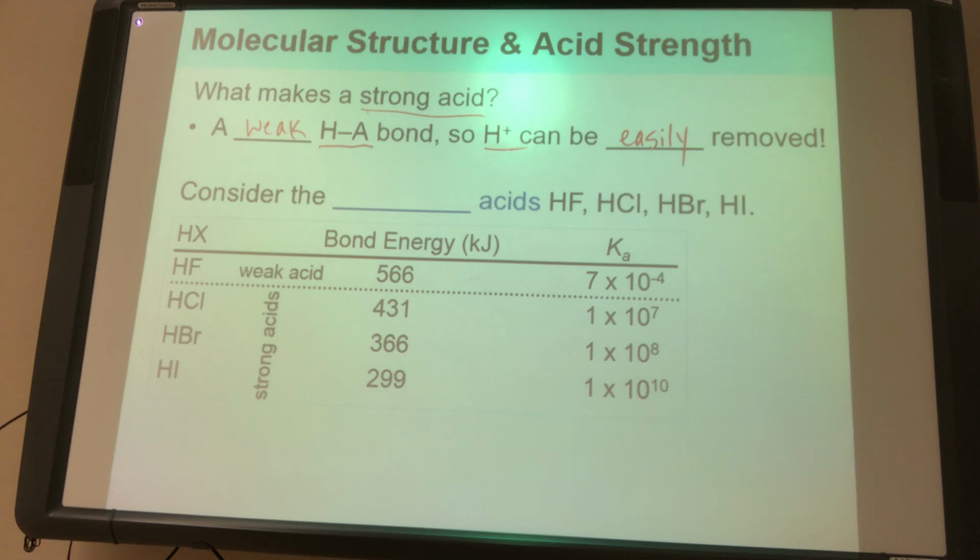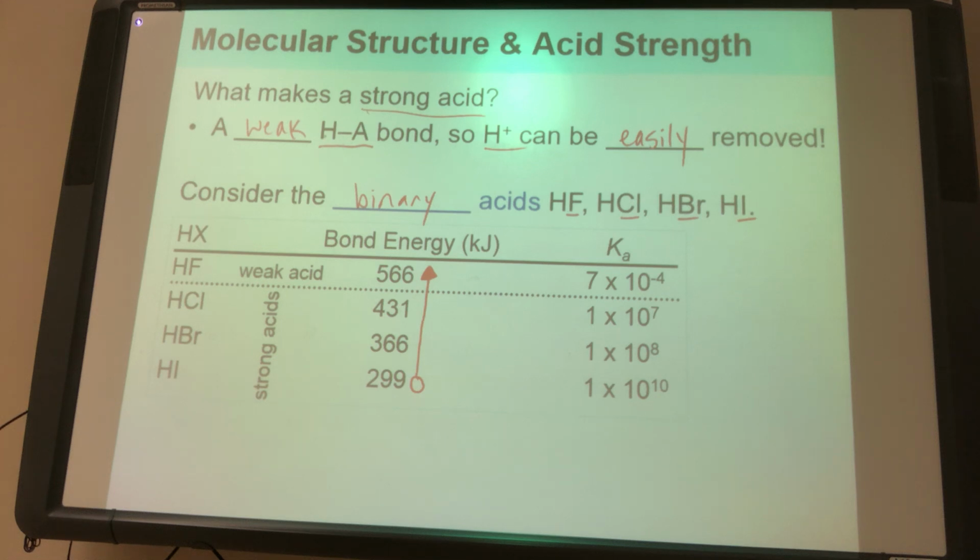All right, so let's look at our binary acids. Remember we call binary acids the H with just the non-metal. So let's look at these guys. Look at our bond energies. This is a low bond energy, and then it goes higher. If it's a low bond energy, it means that this bond right here is pretty weak.